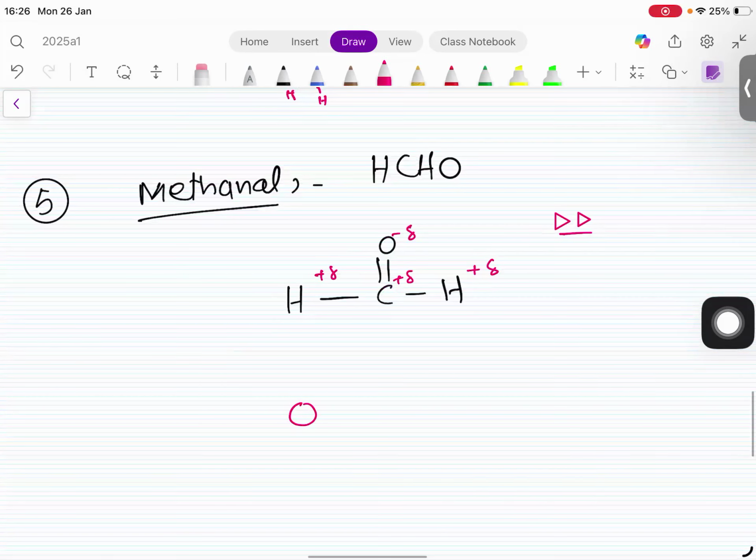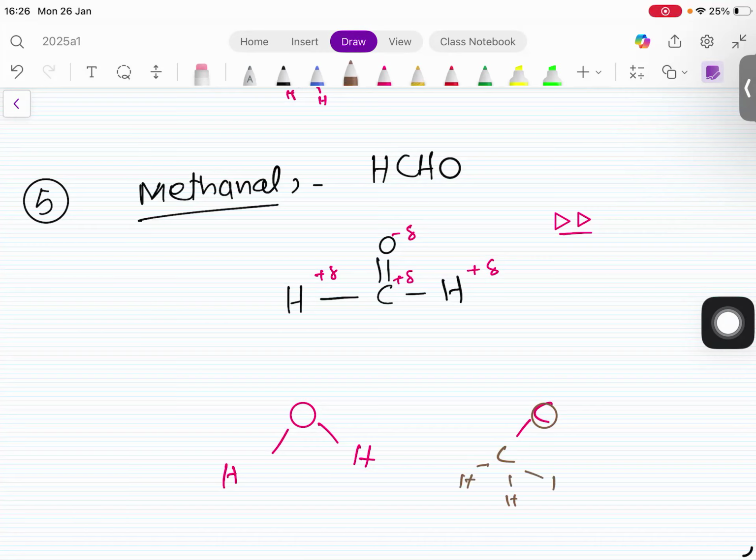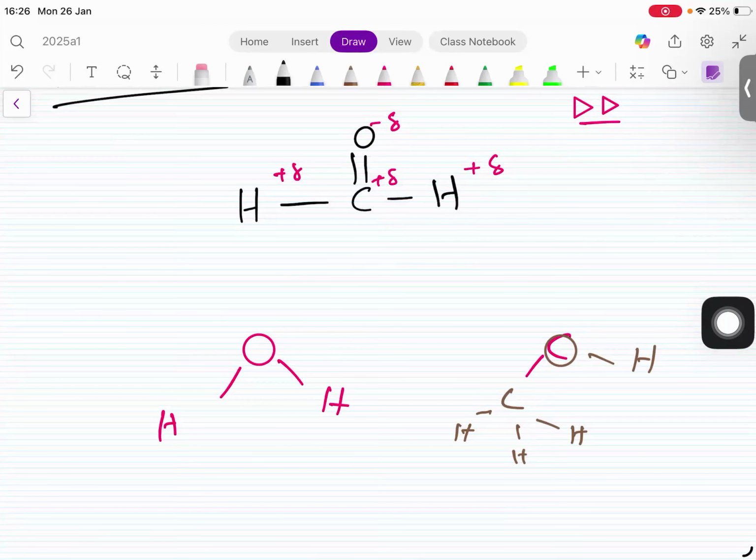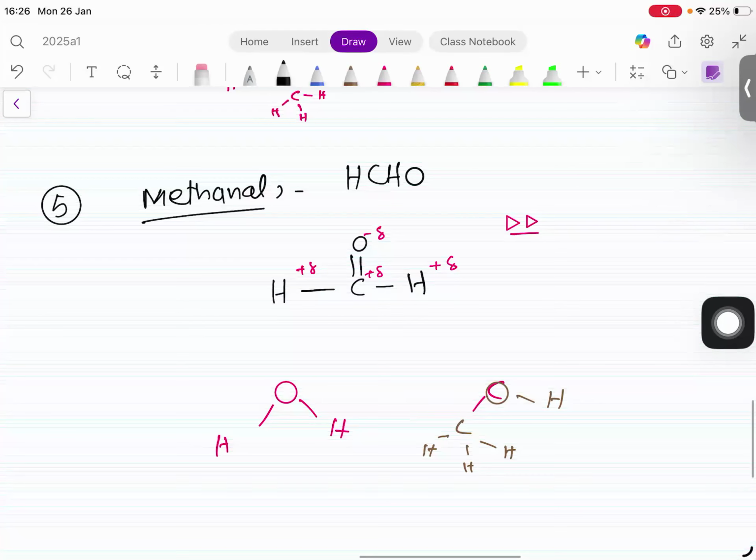But on the other hand, if I mix it with water, or if I mix it with ethanol, do you think it can have the hydrogen bond? What do you think? I believe so. Yes, it can. Can we use these hydrogens for the hydrogen bonding?